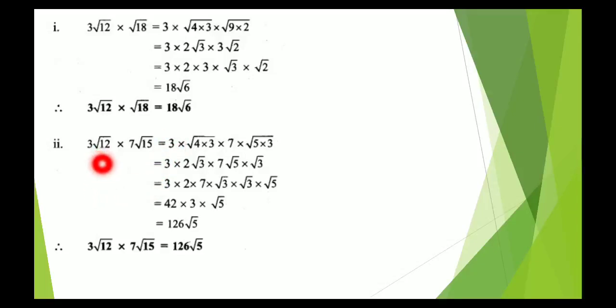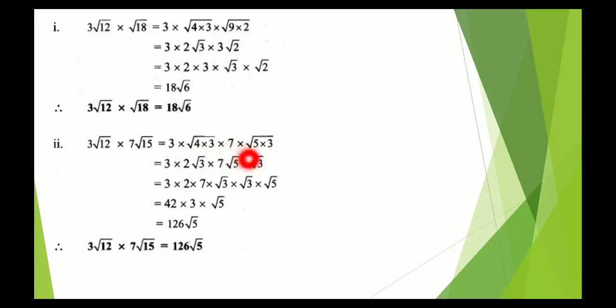Question number 2. 3 root 12 multiply 7 root 15. Root 12 can be written as square root of 4 multiply 3. 4 3s are 12, right? So multiply 7.